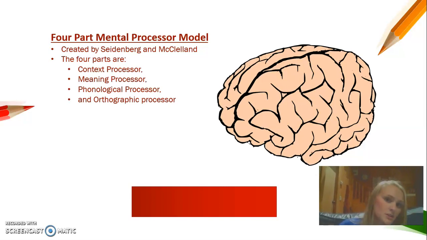So the phonological and the orthographic processor are going to coincide and allow students to decode words, while the meaning processor is going to help students make meaning of the words. The context goes right along with that by helping students make meaning of familiar words.